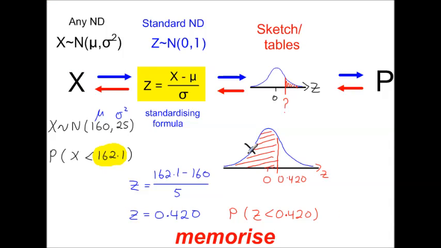So that probability there, 0.6628. So that's the answer. That's what we're looking for. So the probability that we select a student randomly from this population and that the height of the student is less than 162.1 centimeters is 0.6628.